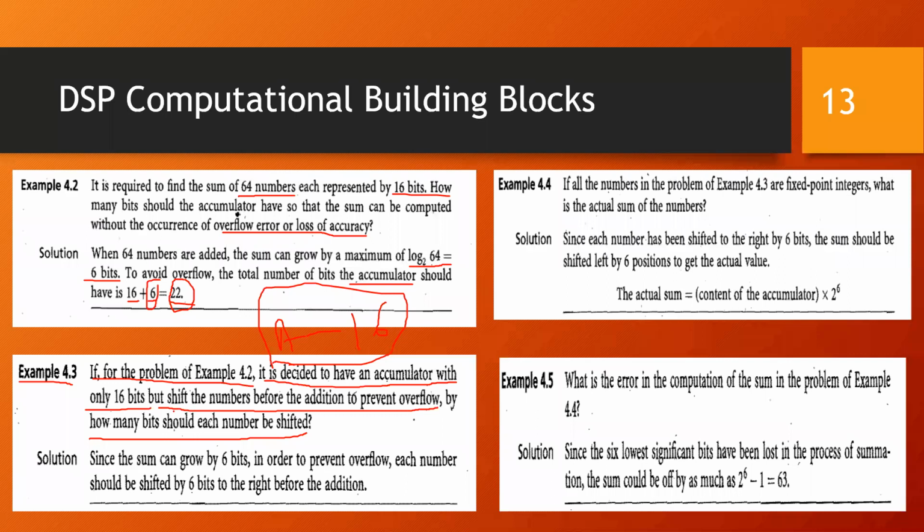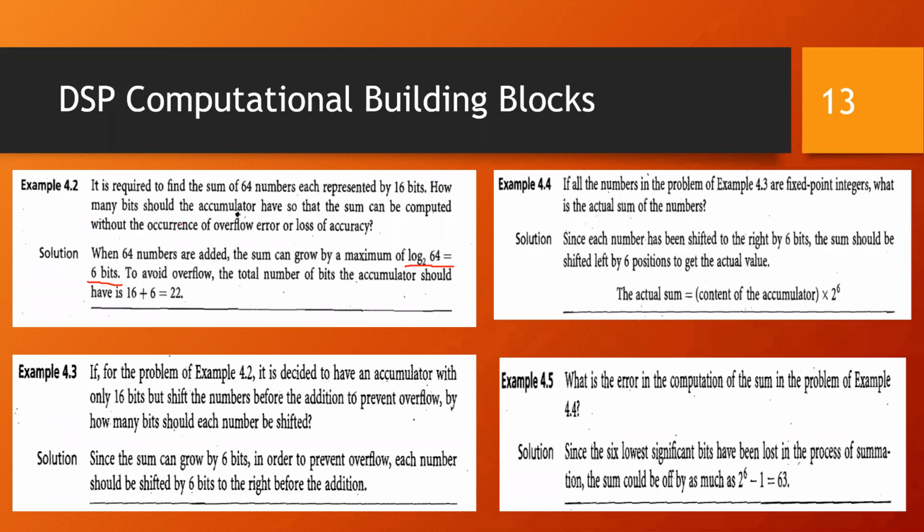For that purpose, before adding the numbers, we should shift the numbers. By how much amount do the numbers have to be shifted? Here we got to know that the sum will grow up to 6 bits in excess when they are added in their regular form without any shifting.